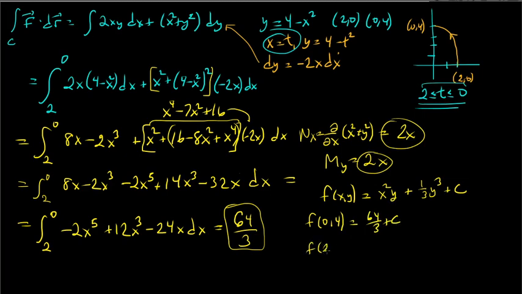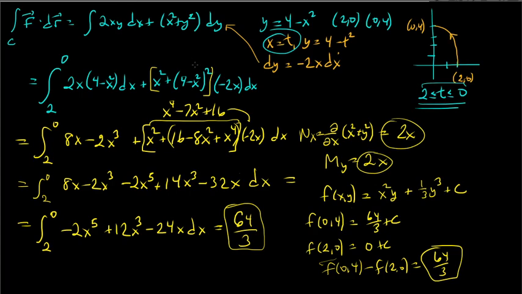And when you plug in 2, 0, you get 0 plus c. So when you subtract, 0, 4 minus 2, 0, you get 64 over 3. So that would have been another way to do this. I did this rather quickly, but yeah, you get the same thing either way.